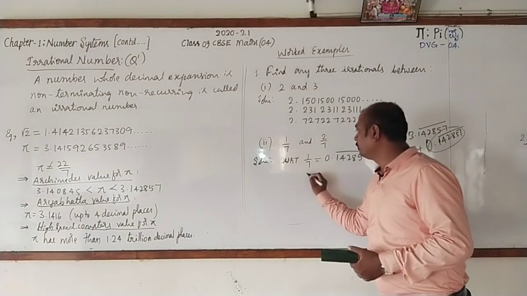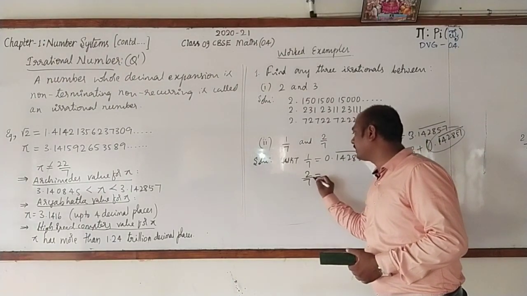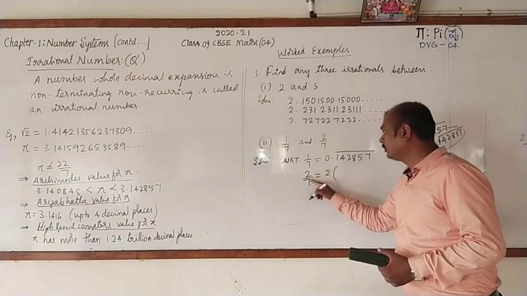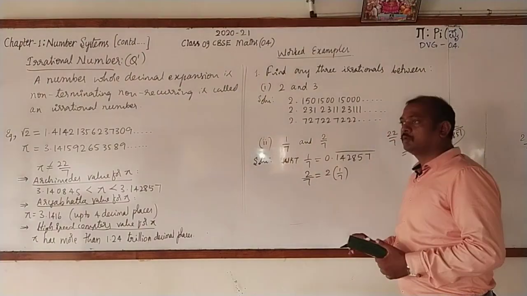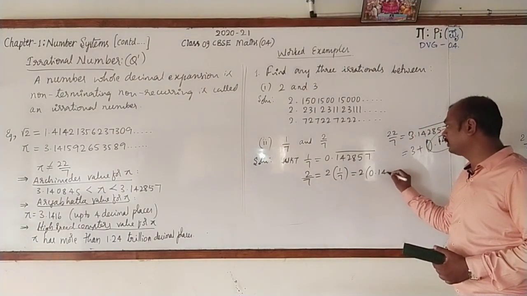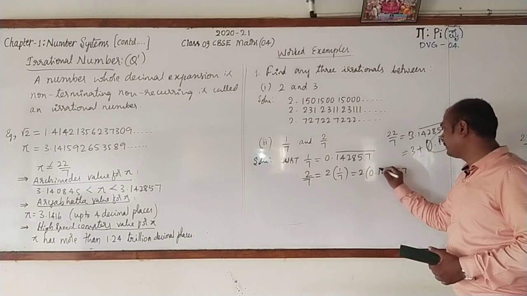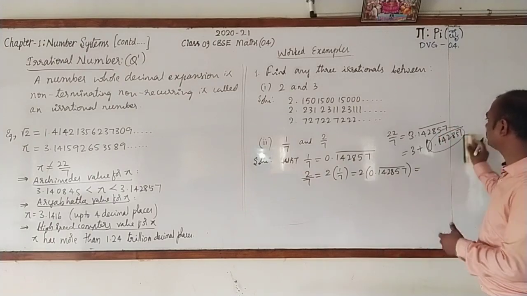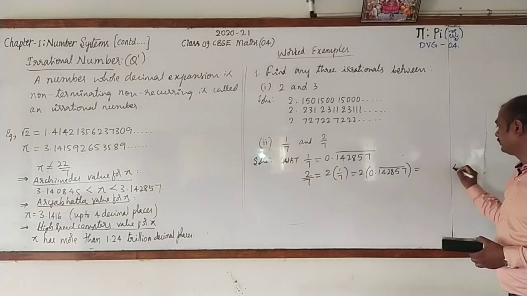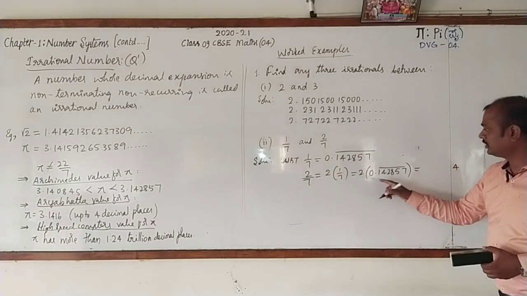Then 2 by 7. What is the value of 2 by 7? You can write it like this: 2 into 1 by 7. 2 into 1 by 7 is 2 into 0.142857 bar. Now just multiply. 2 7s are 14, carry 1.